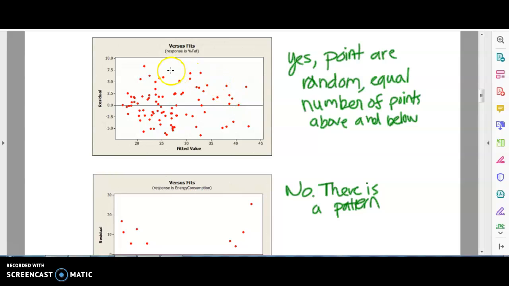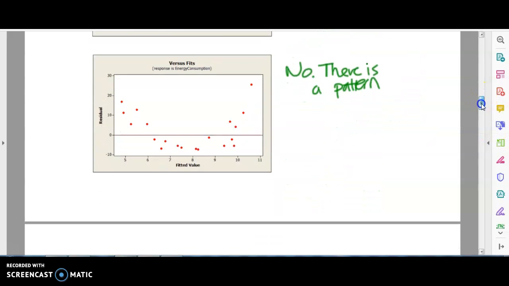You don't have to count each point, but giving it the eyeball test, there's probably an equal number or close to an equal number of points above as below. So look for random, and look for an equal number of points above and below. If those two criteria are met, then yes, it's a good fit for a linear model.